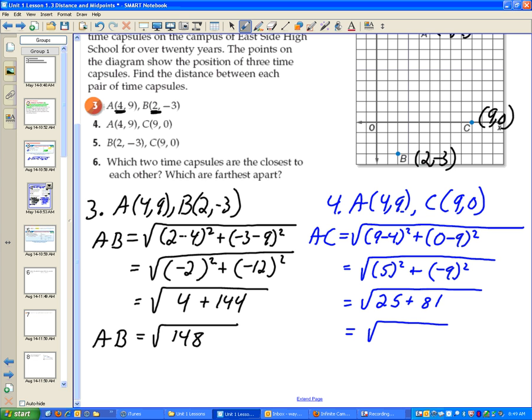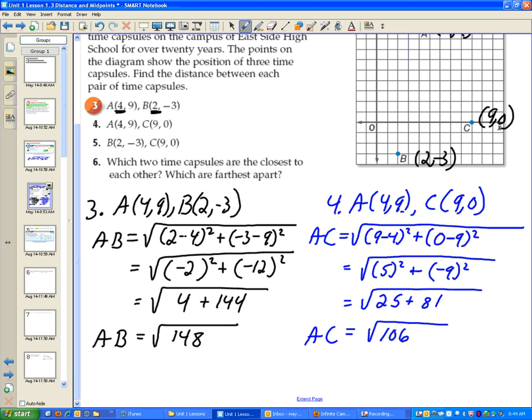So when I add 25 and 81, I get the square root of 106. So the length of AC is the square root of 106. About how big is that? A little over 10. A little over 10.